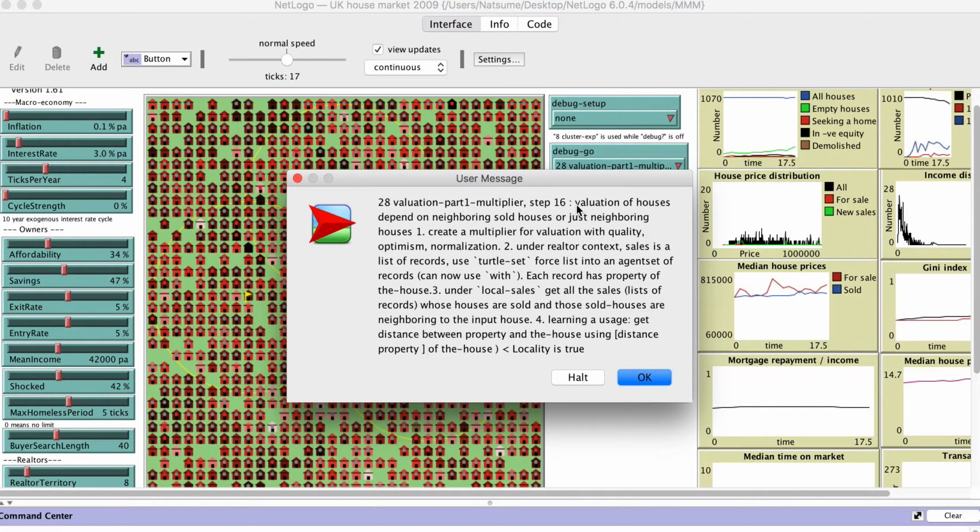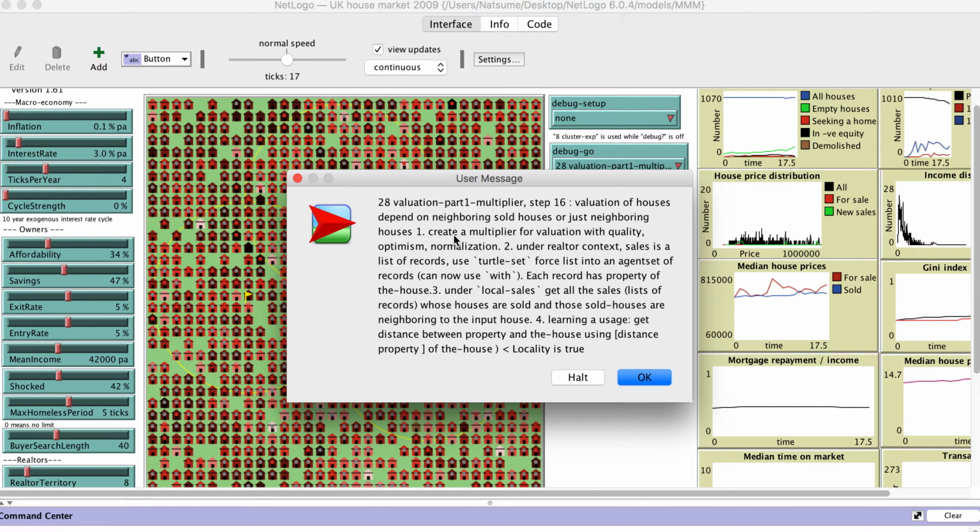If the realtor has no sales record of the neighboring houses being sold, then it has to be based on the sale prices of the locality, general sale prices. So how do we do it? Let's look at the first part.